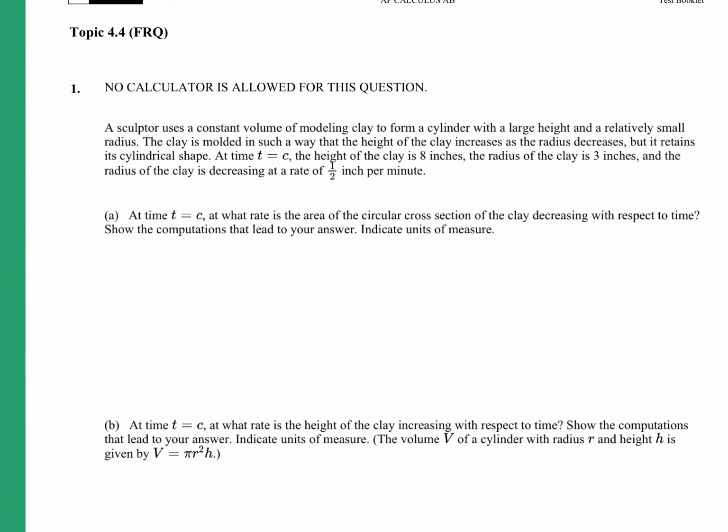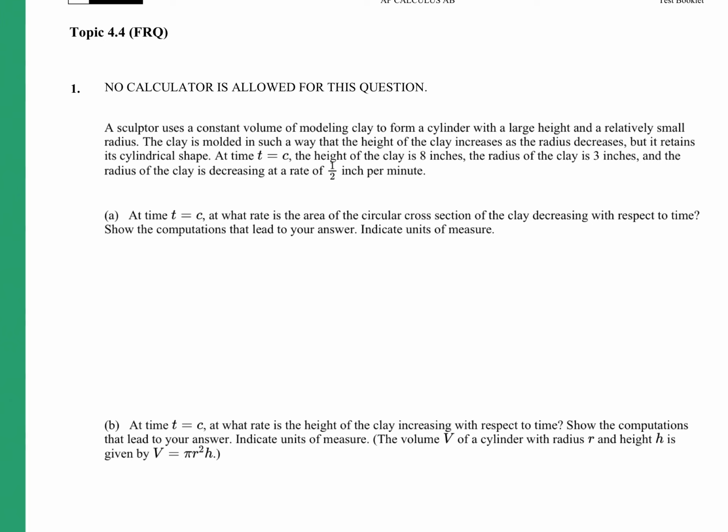Okay, the first thing they say is that the sculptor uses a constant volume. So they're using a certain amount of clay, and they're not taking away from it or adding to it. They're just changing the shape of it. So that's significant.